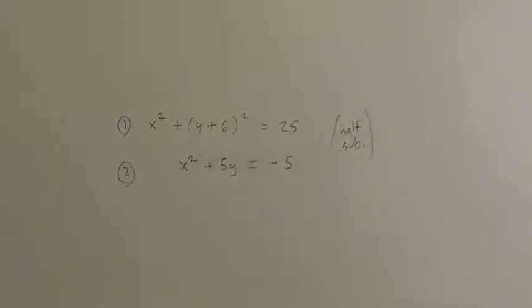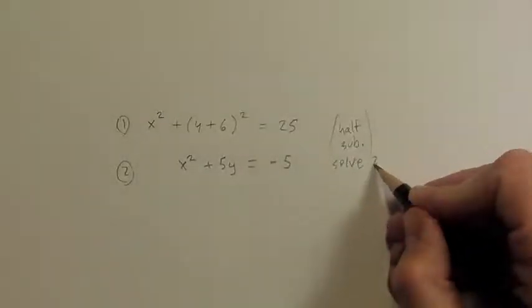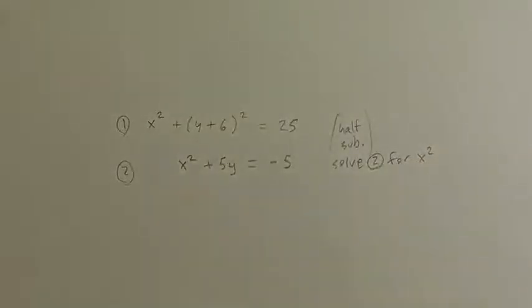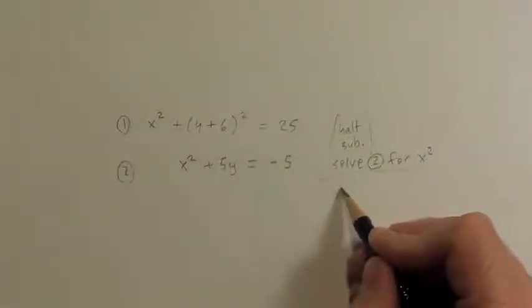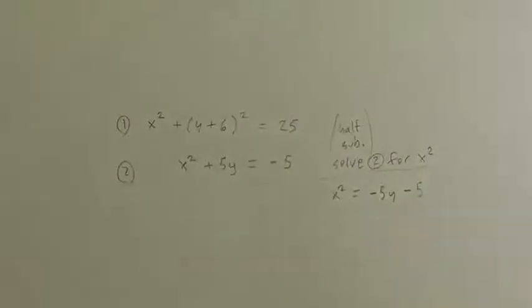I'm going to solve equation 2, but I'm not going to solve it for x. I'm going to solve it for x squared. So we're going to solve 2 for x squared. And really all we have to do is move that 5y over. So when we do that, I get that x squared is equal to -5y minus 5.